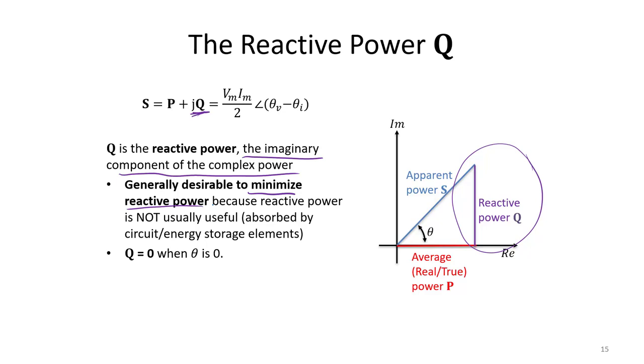And as we mentioned before, the electric utility company can only charge customers for the real power P. So most of the time we are trying to minimize this reactive power Q. And notice that if theta is equal to 0, then our reactive power Q will be equal to 0, and our real power P will be maximum.